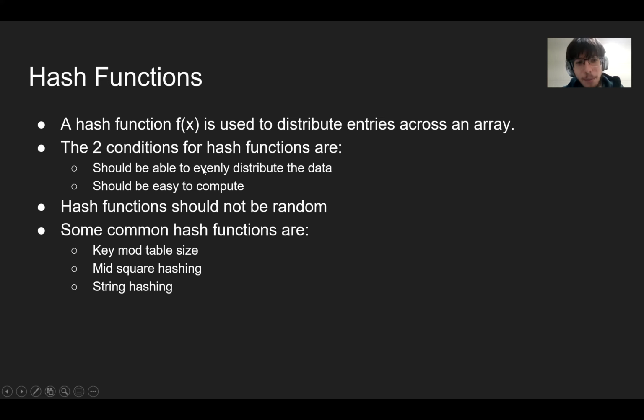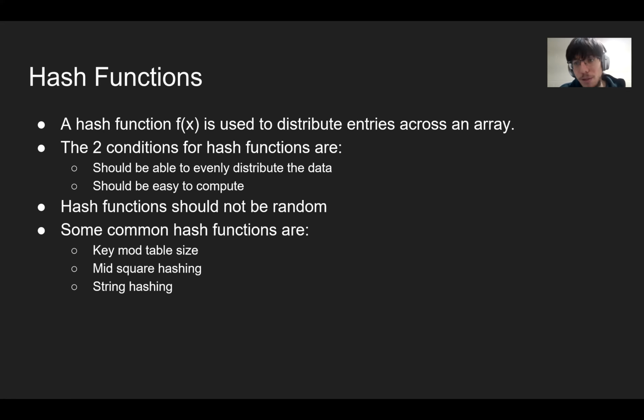And it should also be easy to compute, because if it's really hard to compute, that may also take a long time. And the whole idea of hash maps or hash tables is that they should be very fast. You want O(1) access and insert. And if it's really slow, then that defeats the purpose. So: easy to compute and evenly distribute the data.